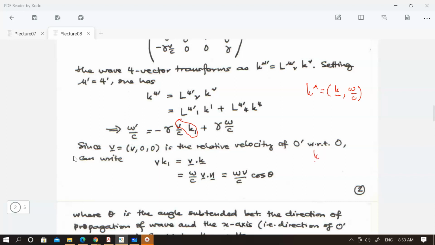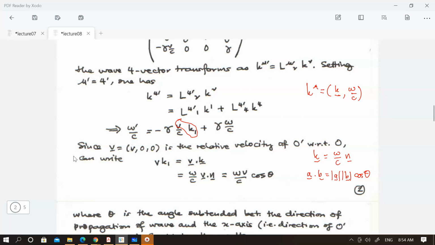Remember, your k for the light wave is omega over c times n, so I get omega over c v dot n. Remember that n is just a unit vector, so you get this formula that you learned in school, a b cos theta, where theta is the angle between a and b.